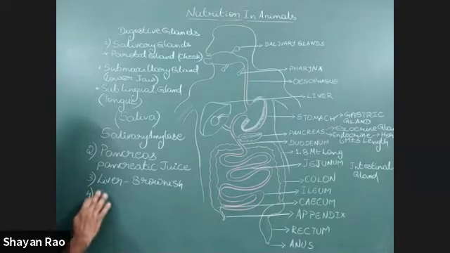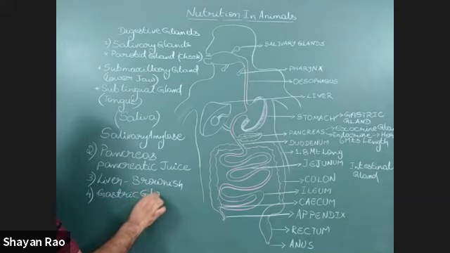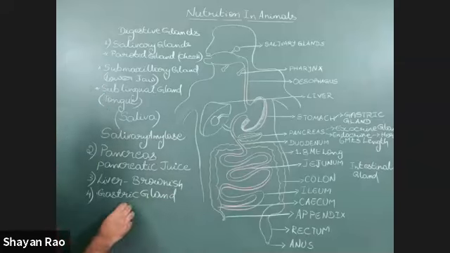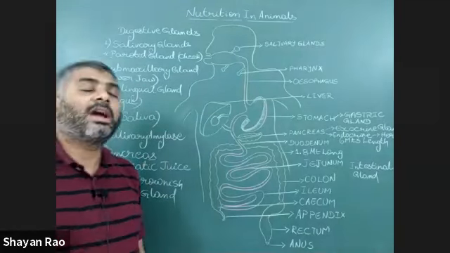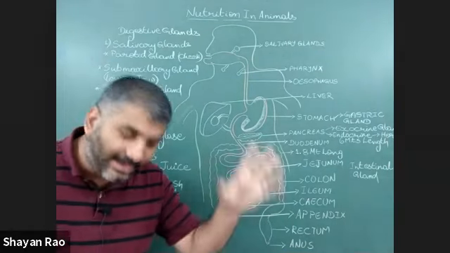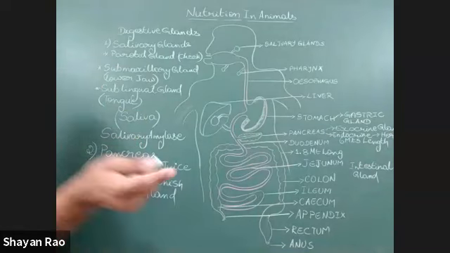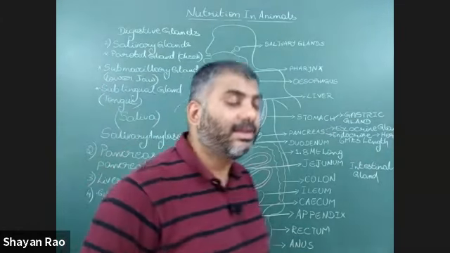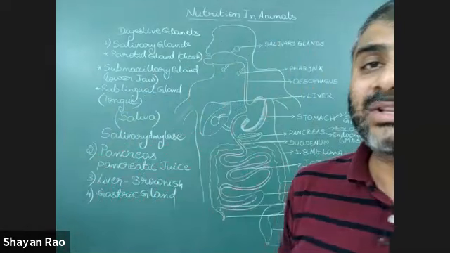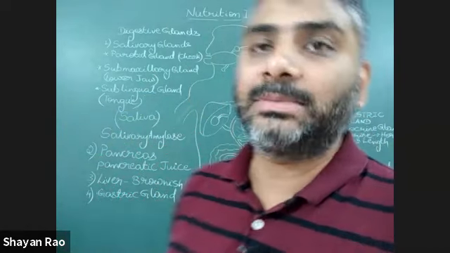The gastric gland secretes gastric juice, and the gastric juice contains mainly hydrochloric acid. I already told you about that. Along with that hydrochloric acid, it also has gastric lipase and gastric amylase. Those types of enzymes will be present.